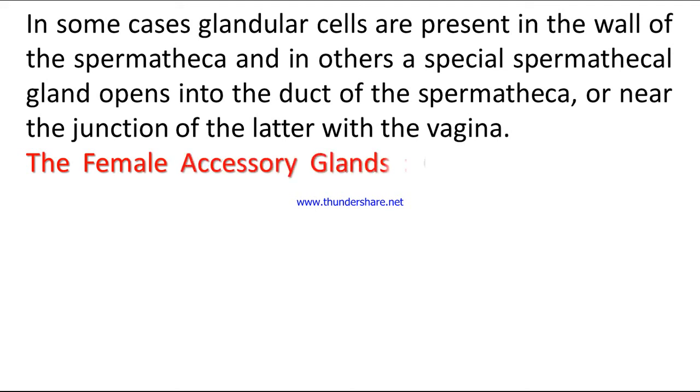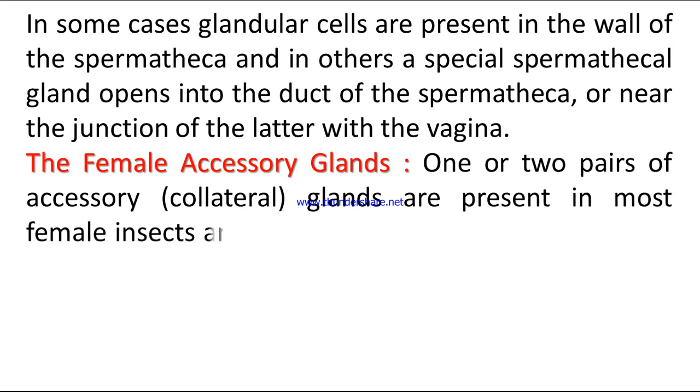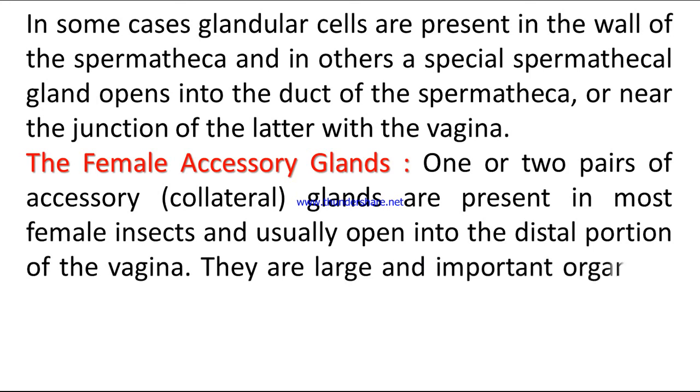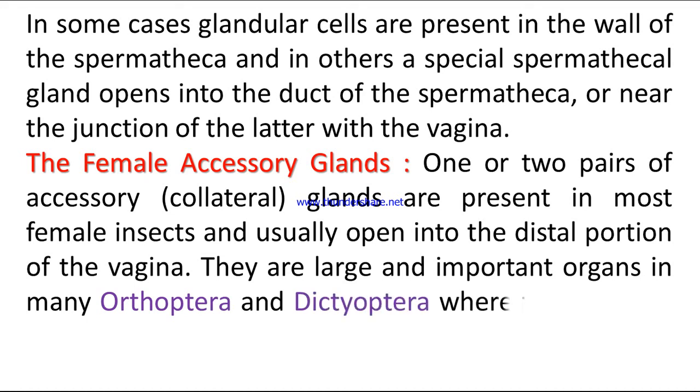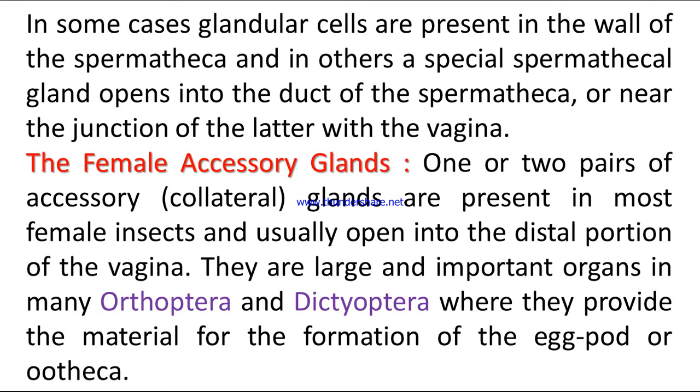The female accessory glands. One or two pairs of accessory collateral glands are present in most female insects and usually open into the distal portion of the vagina. They are large and important organs in many Orthoptera and Dictyoptera, where they provide the material for the formation of the egg pod or ootheca.